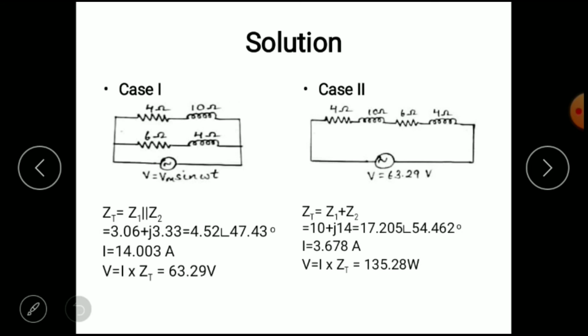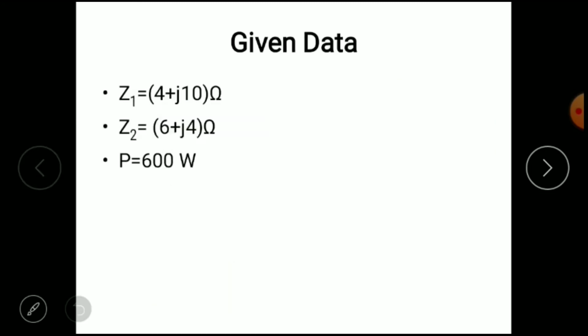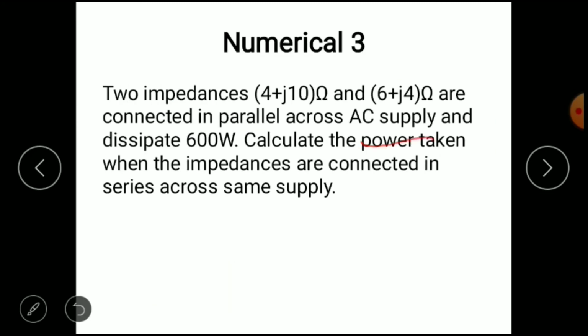There are two cases in the question. Case 1 is where the two impedances are connected in parallel across the voltage source, and in the second case we have the two impedances connected in series across the voltage source. From case 1 we are trying to find out the value of voltage, and we are going to substitute it in case 2 so as to calculate the amount of power taken in the circuit when the elements are connected in series.